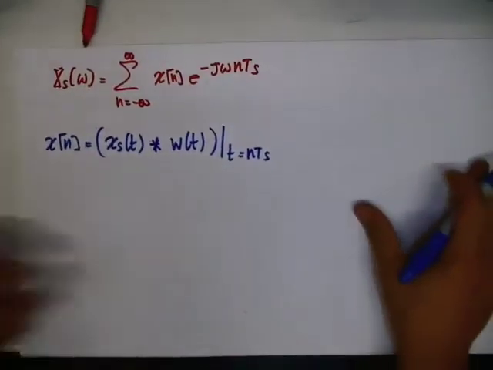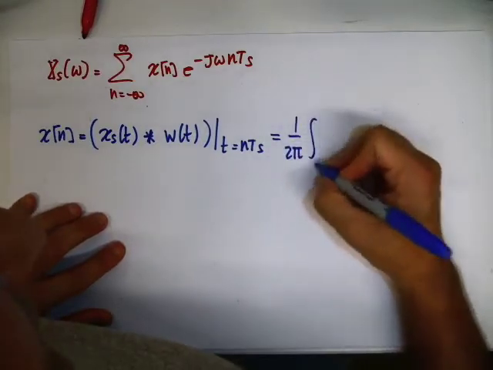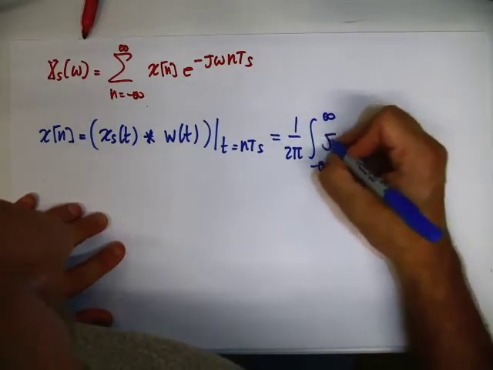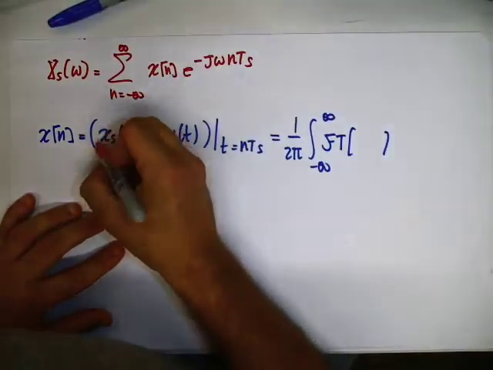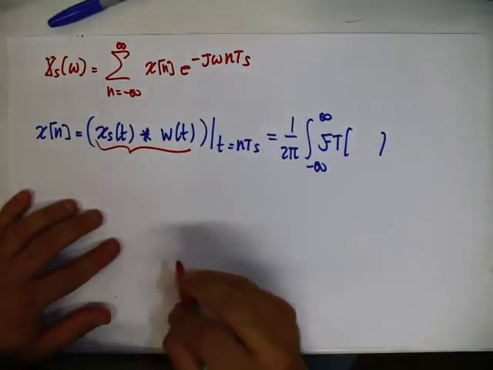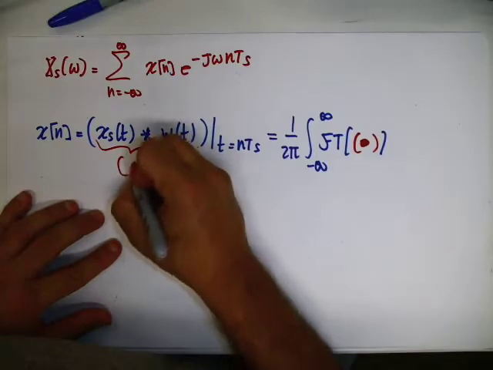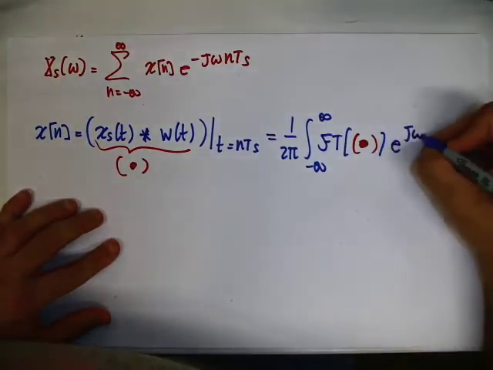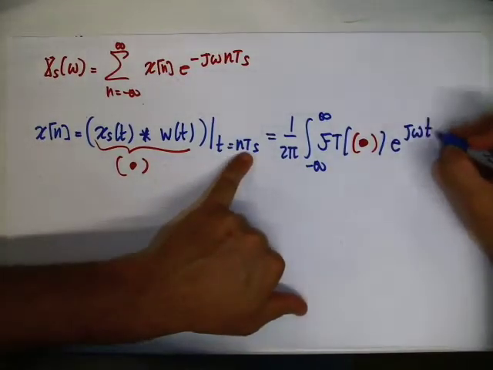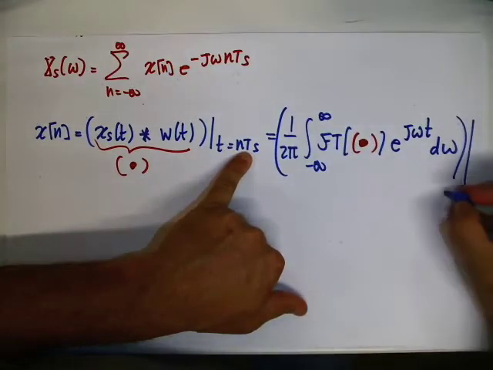And now this is equal to 1 over 2 pi integral from minus infinity to infinity of the Fourier transform of this guy here, e to the j omega t d omega, but all of this has to be computed at t equal nTs.